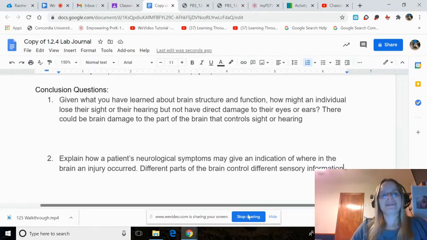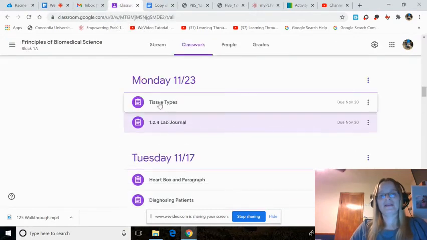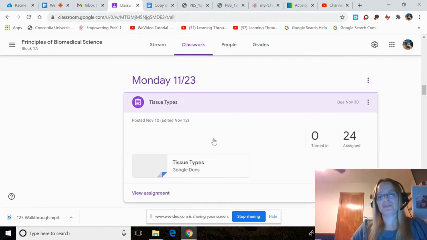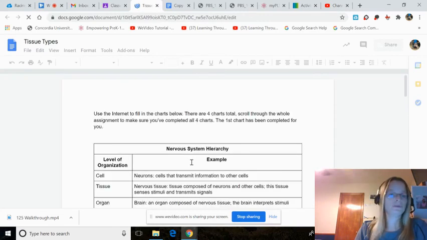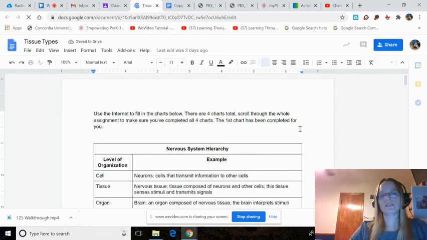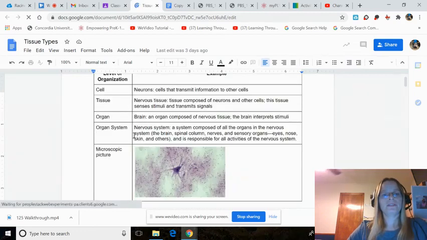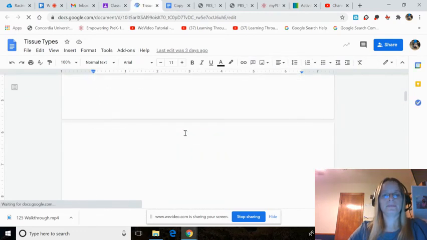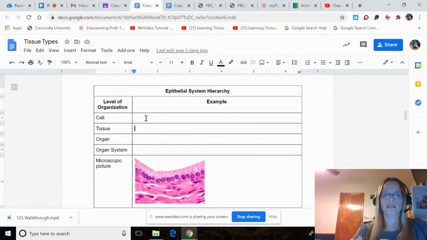All right. So the second thing in this same assignment day is the tissue types. If you open this up, the first chart is done for you. Just use Google, use the internet to fill in the charts below. There are 4 charts total. Here's the epithelial system. Tell me the name of the cells, the tissues that come together, the main organ, and the organ system.